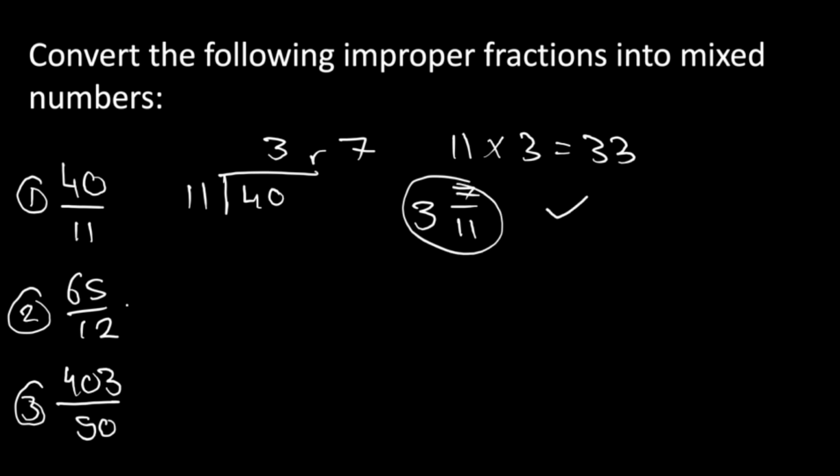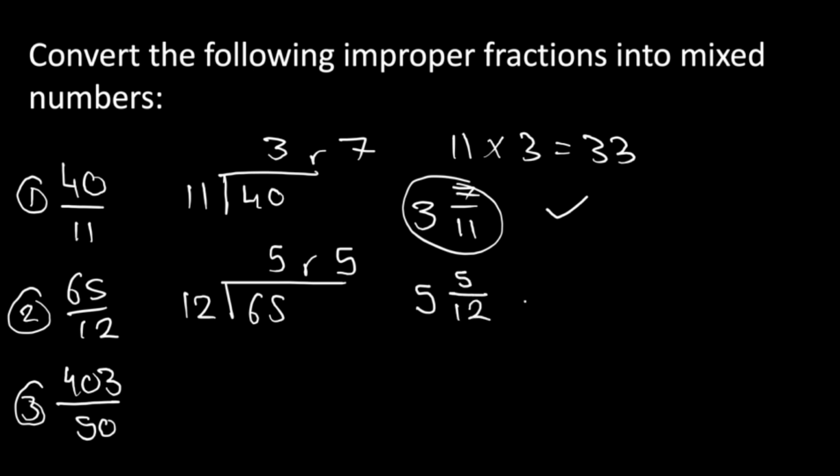65 over 12. Again, find out how many 12s go into 65. So 5 12s go into 65, remainder 5. So the integer becomes 5, the numerator becomes 5, and the denominator remains the same. So that's your answer. 403 over 50.